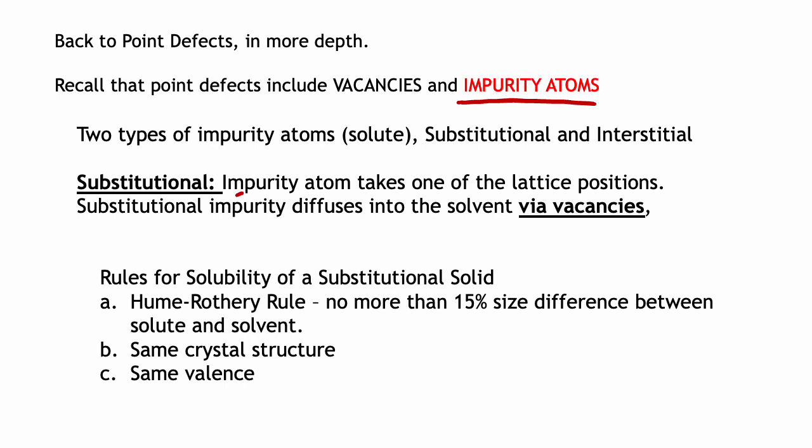The second rule is that for one metal to diffuse into another metal, they should have the same crystal structure. So BCC can only dissolve into BCC. FCC, you might recall, is called the closest packed structure.